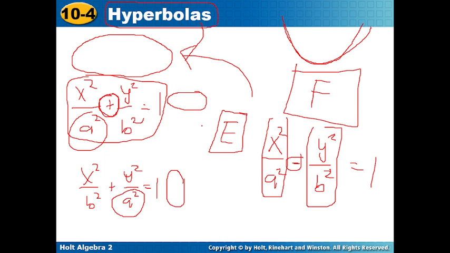They share similar figures. In both, they have fractions, they share a and b, right? But the difference between them is that in ellipse we vary the major axis. Isn't it that we have a major axis in your ellipse? It varies depending on where we find the a, whether the a is located at your x or at your y.